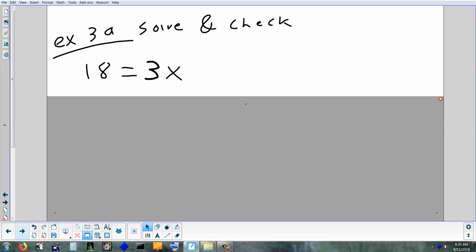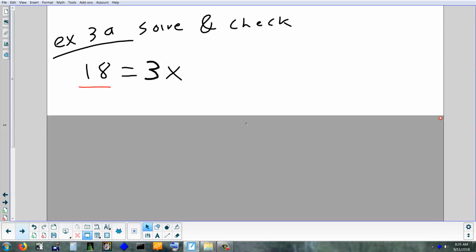What operation am I doing with the 3 and the x? It's 3 next to x, but if we can figure out what operation it is, then we do the opposite of that operation. Yep, Savannah? That's multiplication. So if we want to get rid of 3 times x, what's the opposite of multiplication? Yeah, David? Division. So we're going to divide.